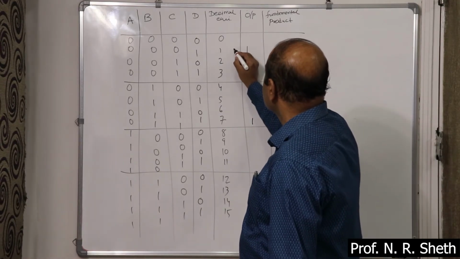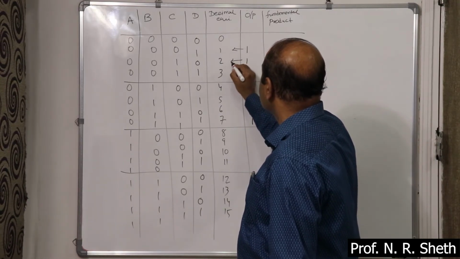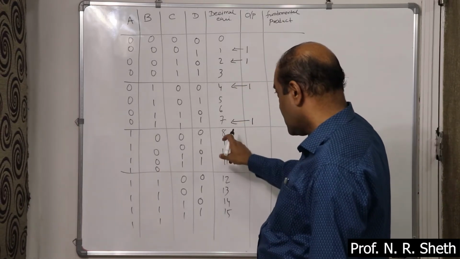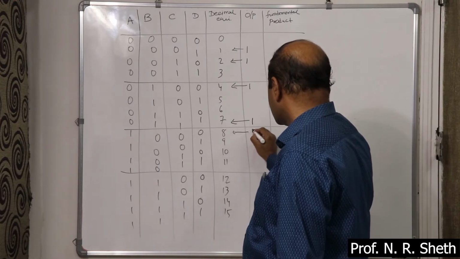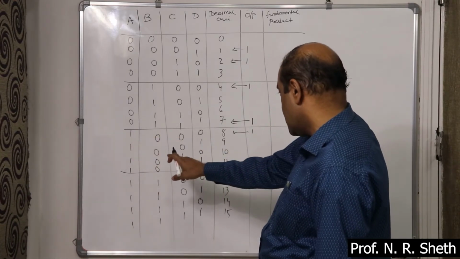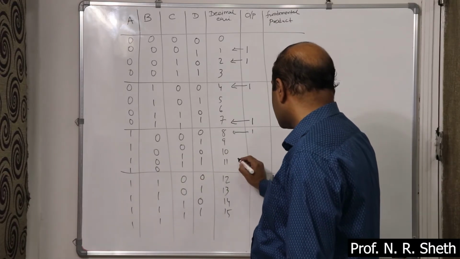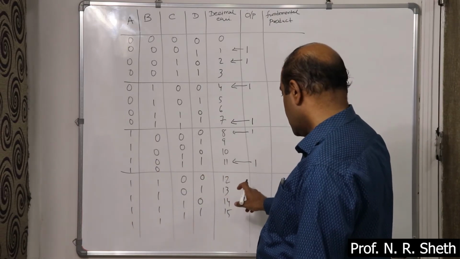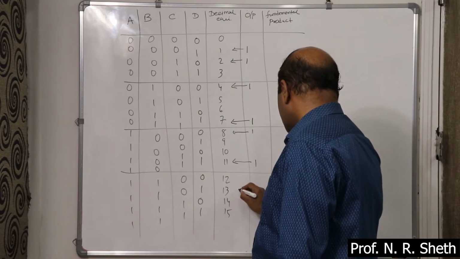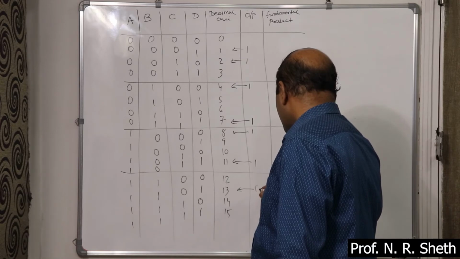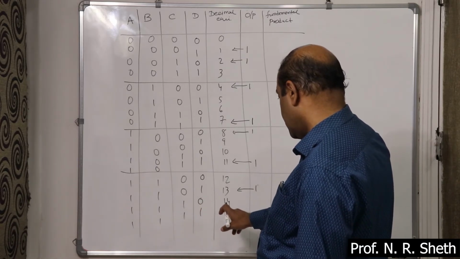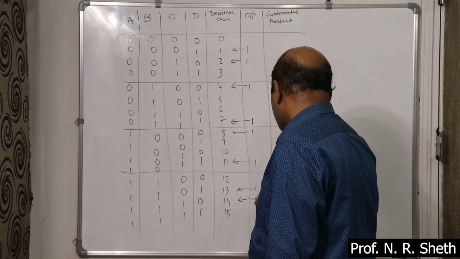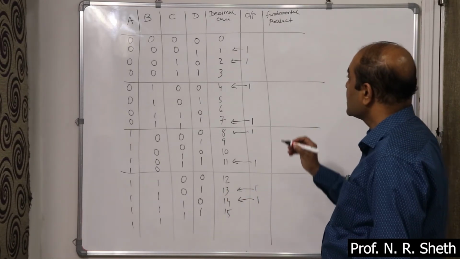So just mark this case, this one, this one. 8 is also, because 1, next 2 entries, here also 3 entries. So odd number, even number, odd number. 13 is your odd number. 14, 1, 1, 1, 0, so that is also 1, and the rest are zeros.